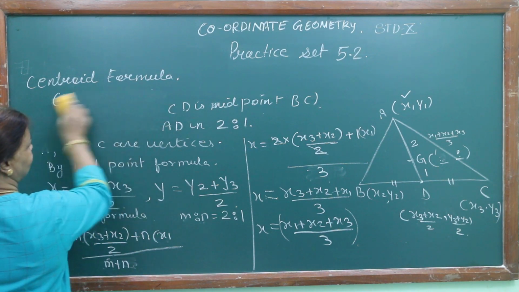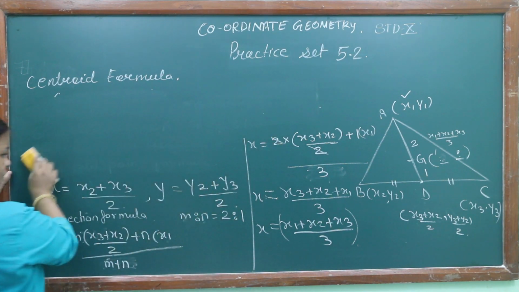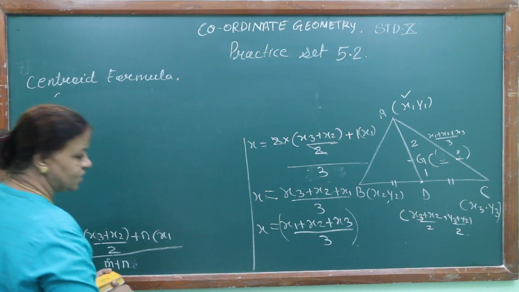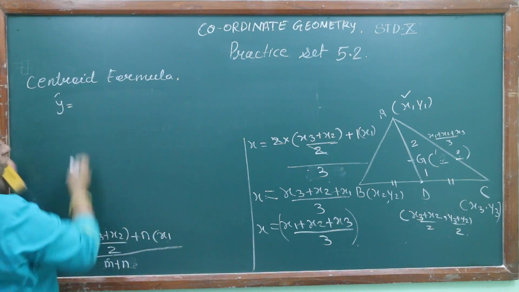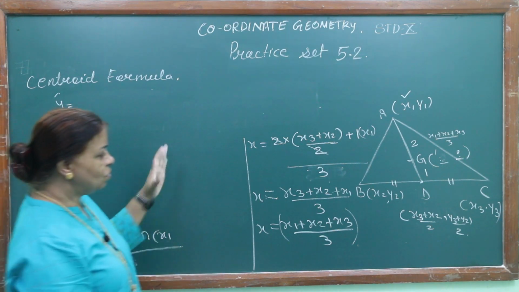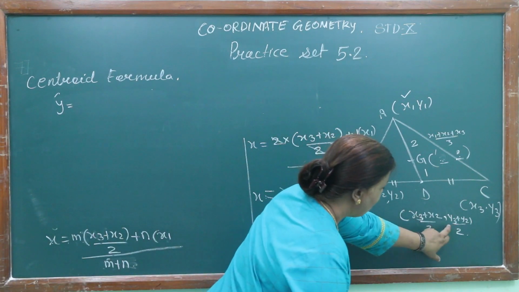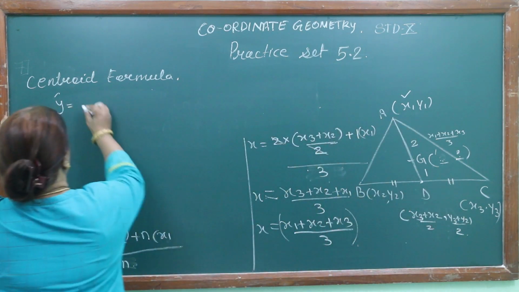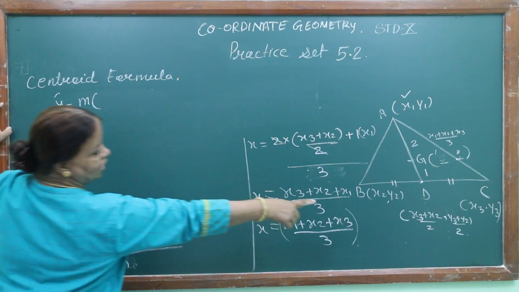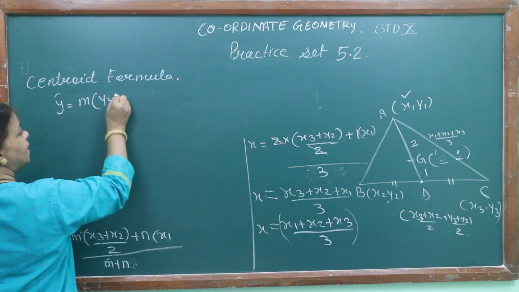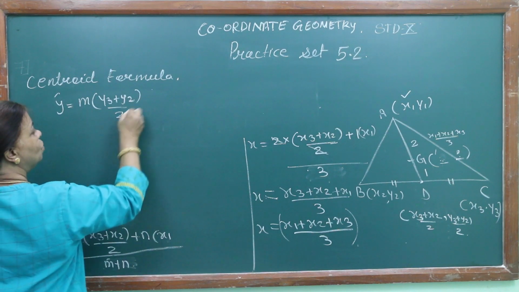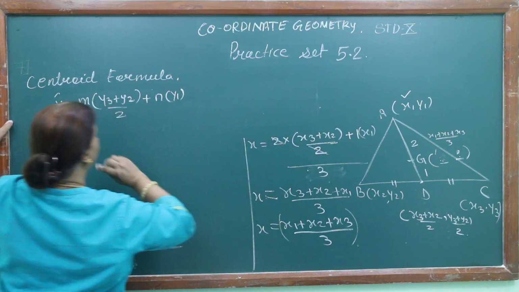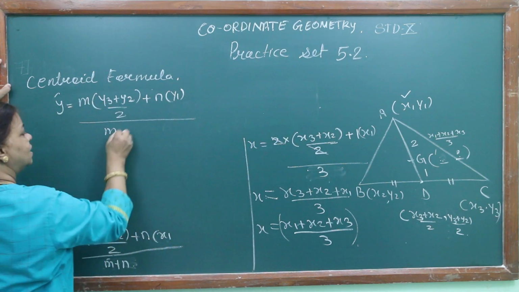For that, again we will use the section formula. y is equal to m times the y coordinate of D, y3 plus y2 upon 2, plus n into y1, the y coordinate of A, the whole upon m plus n.